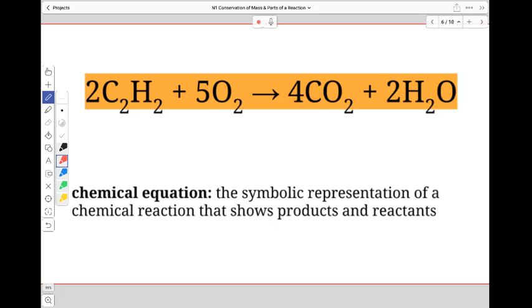The entire chemical reaction is known as a chemical equation, okay? And it's some type of representation that uses symbols that allows us to see the stuff that we start with, so our starting materials, and our ending materials.